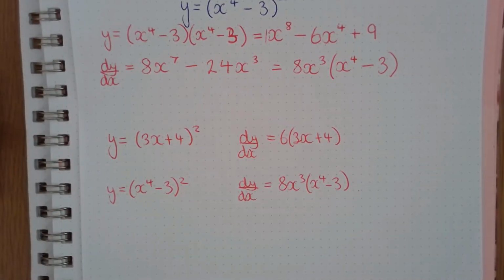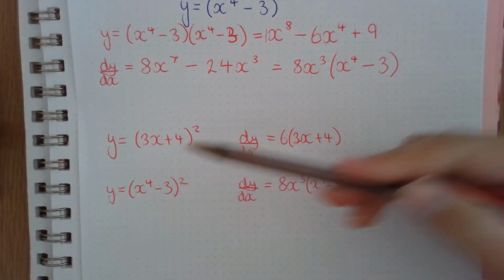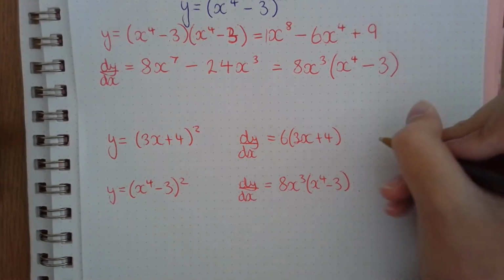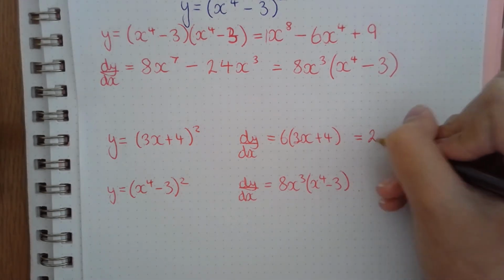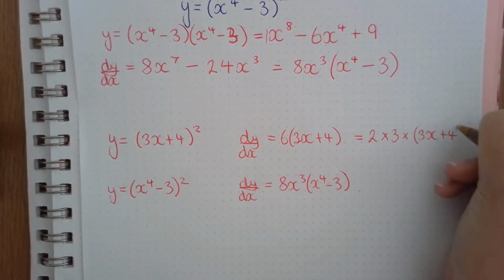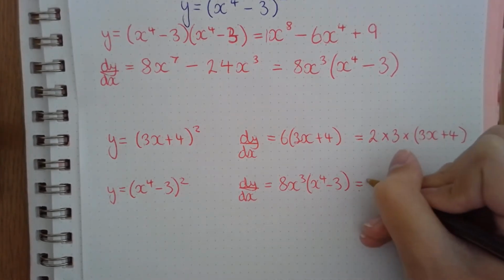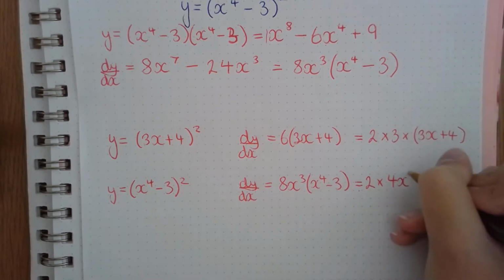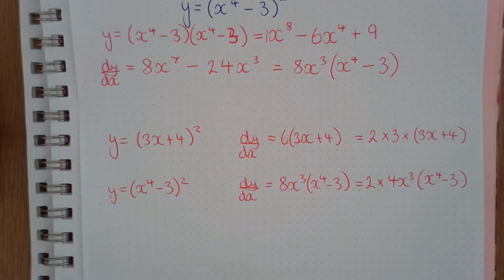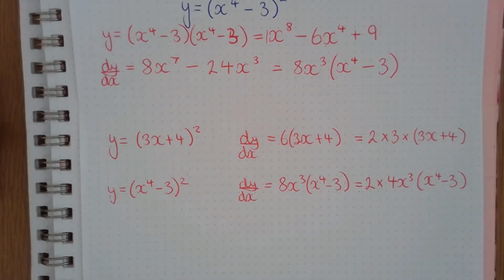I'm hoping that we can notice something from our original y to our differential. If we look a bit closer, that is the same as 2 times 3 times (3x plus 4), and that is the same as 2 times 4x cubed, brackets x to the power of 4, take 3. I'm hoping we're noticing more things now I've written it that way.